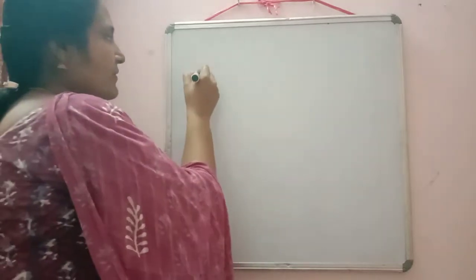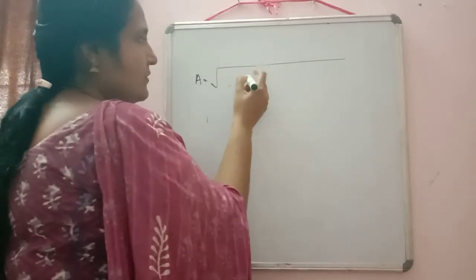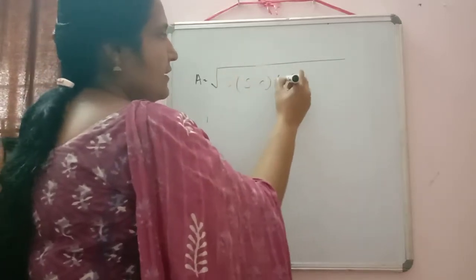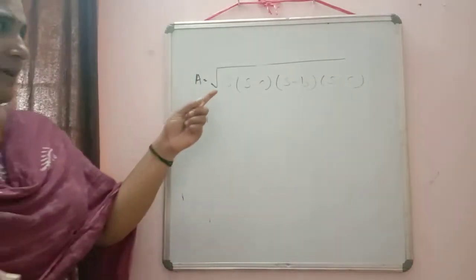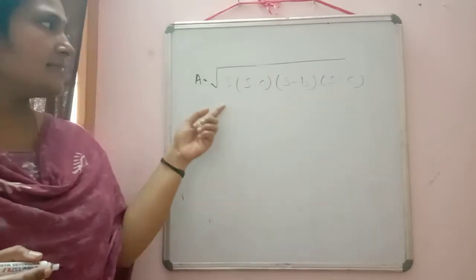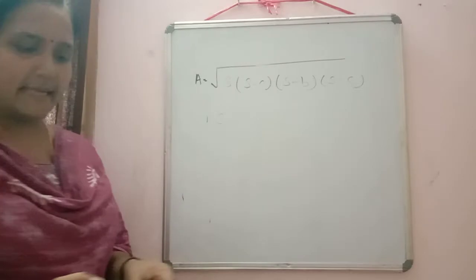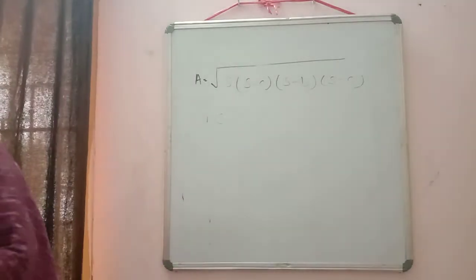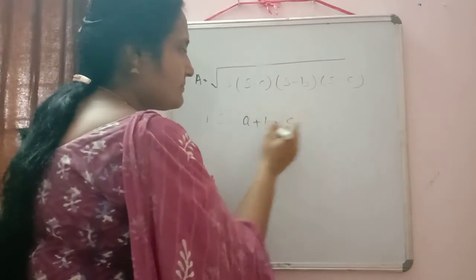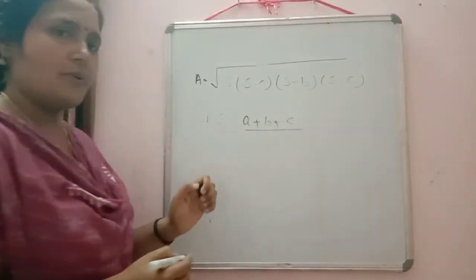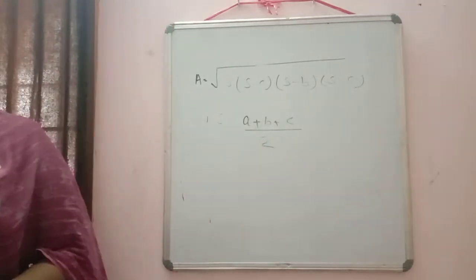Area of triangle is equal to the square root of s into (s minus a) into (s minus b) into (s minus c), where a, b and c are the sides of the triangle and s is the semi-perimeter. We calculate s using the formula s equals (a plus b plus c) divided by 2, as it is the sum of all the sides divided by 2.